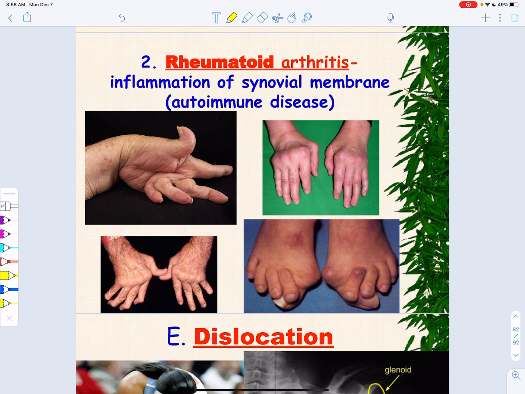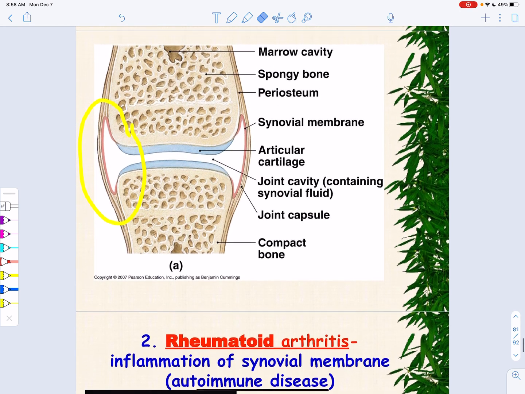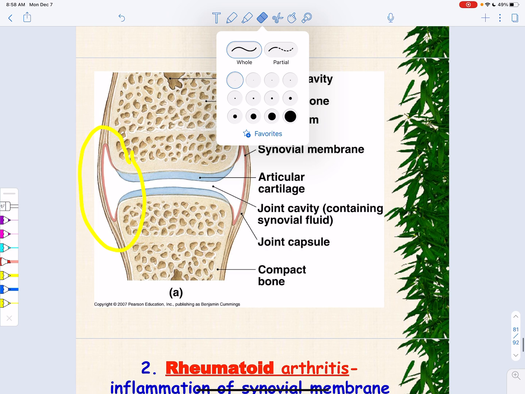All right. And it is an autoimmune disease, which means your immune system starts fighting something that's not there, or something that your body shouldn't be fighting. And so with the swelling, your joints become very painful. Imagine every joint in your body being painful to move because it's swollen.